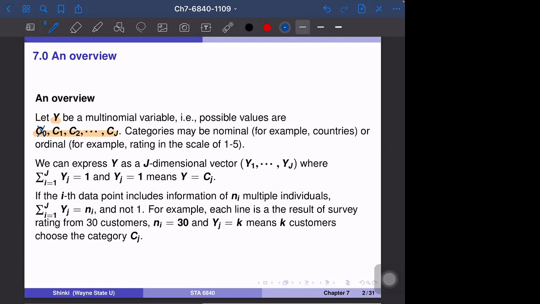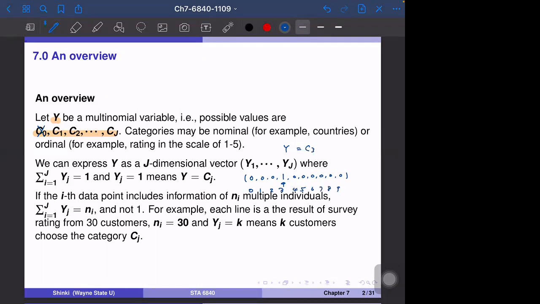And we can express this y as a J-dimensional vector y1 to yJ. For example, in the character recognition problem, suppose y corresponds to category 3, then we can express that as a vector of zeros with a 1 in the place of 3. Think of the positions as 0, 1, 2, 3, 4, 5, 6, 7, 8, 9.